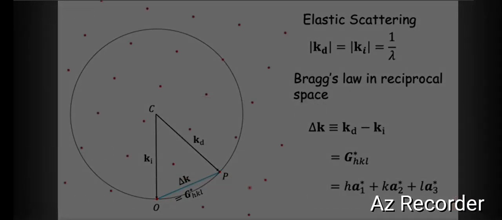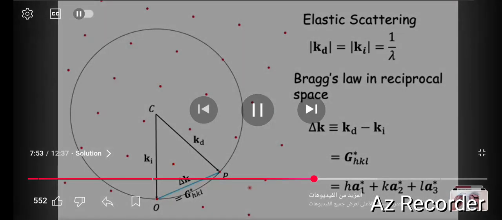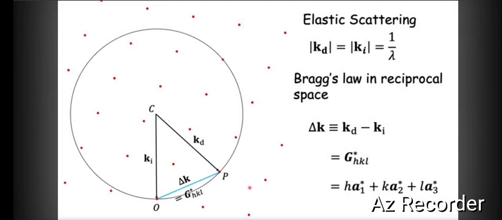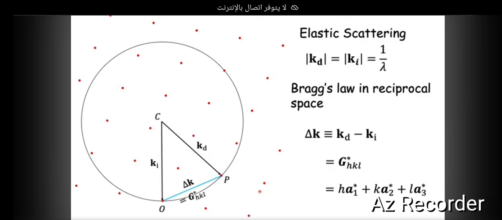So let me fill the space with reciprocal lattice points, and we see that P is one of the reciprocal lattice points. So the reverse is also true, that whenever a reciprocal lattice point lies on the Ewald sphere, we will get a diffracted wave in that direction.